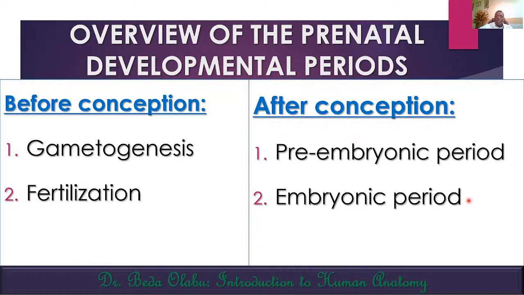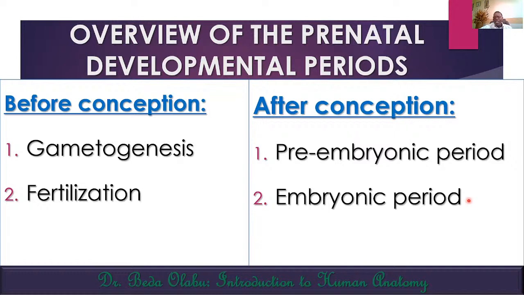So we call it the period of organogenesis, the period when body organs of the baby form. It becomes the most sensitive period in embryology because this is the time the different organs and organ systems are established. Almost all of them.